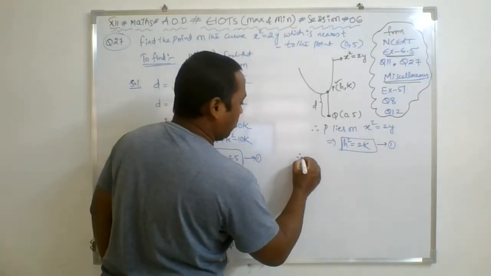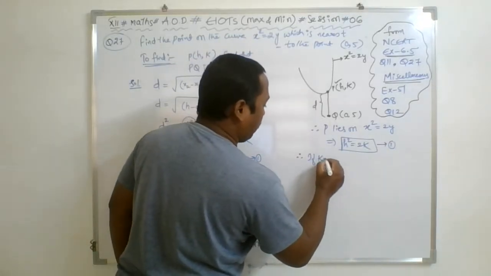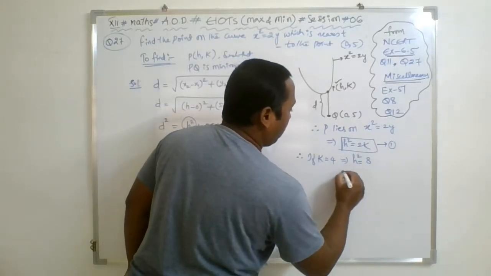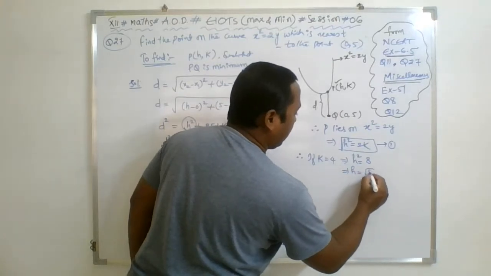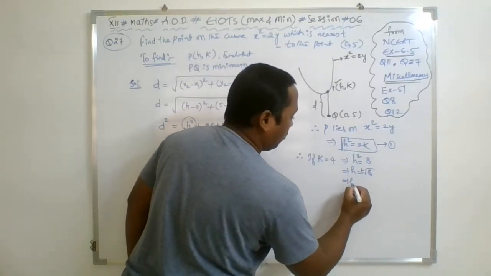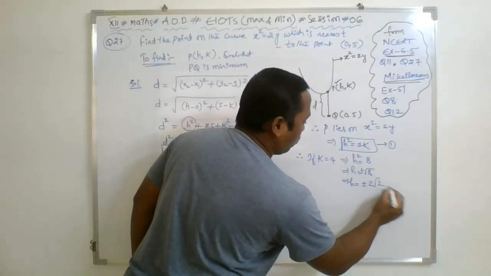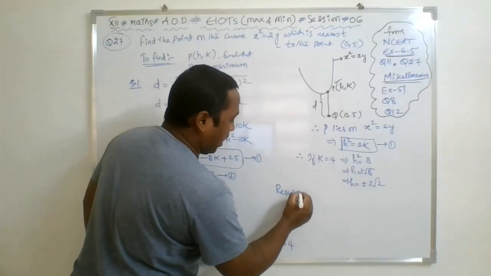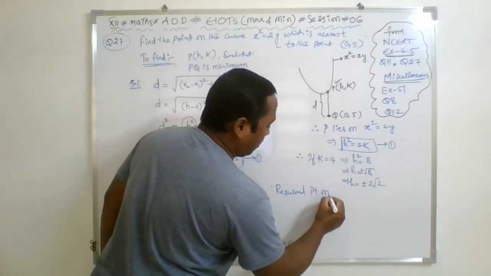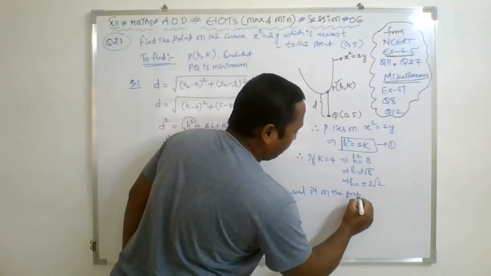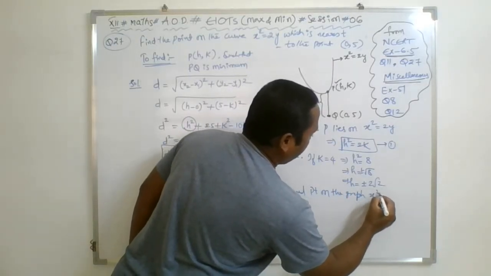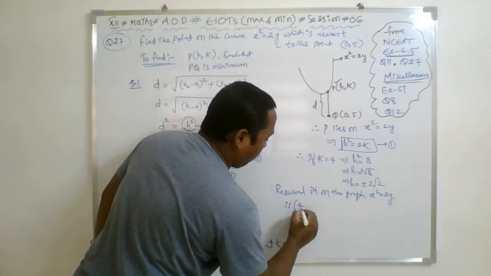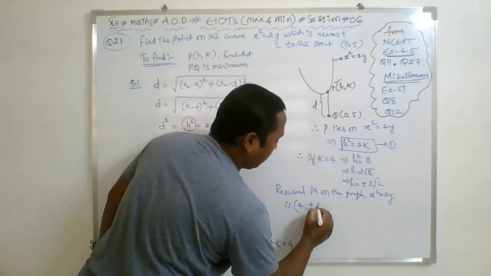Now k equal to 4 gives h square is equal to 8, so h is equal to plus minus under root of 8, so h is equal to plus minus 2 root 2. Therefore, the required point on the graph x square is equal to 2y is (plus minus 2 root 2, 4).